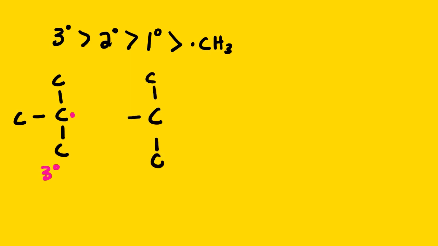So when you talk about a tertiary radical, it is actually the same as the primary, secondary, tertiary alkyl halide. If the radical carbon is connected to 3 other carbons, it is a tertiary radical. And then a secondary is a carbon attached to 2 other carbons. Here we can put hydrogen.